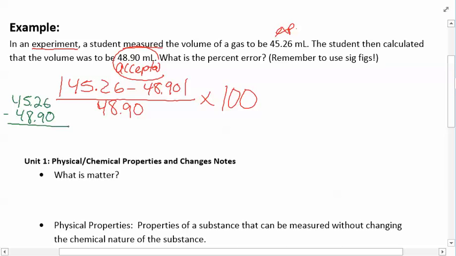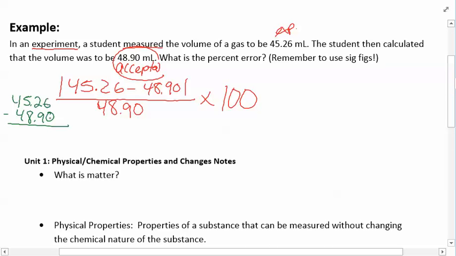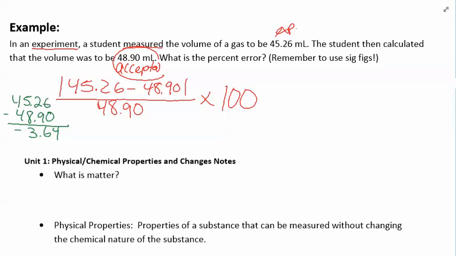48.90. Now this is a subtraction problem, so we have to take a look at the location of our significant figures. So our location of our significant figures in this problem, they're both significant in the hundredths place. So when we do this subtraction, we're going to round to the hundredths. So you end up with negative 3.64.